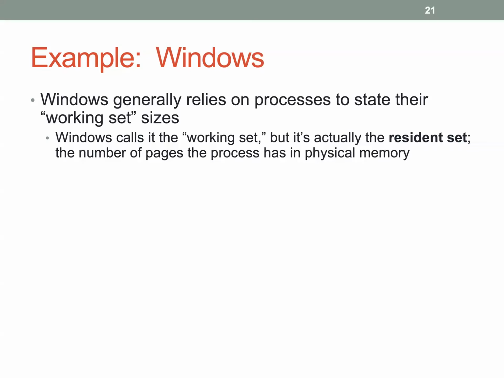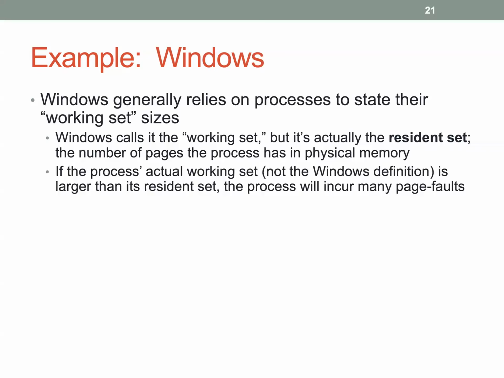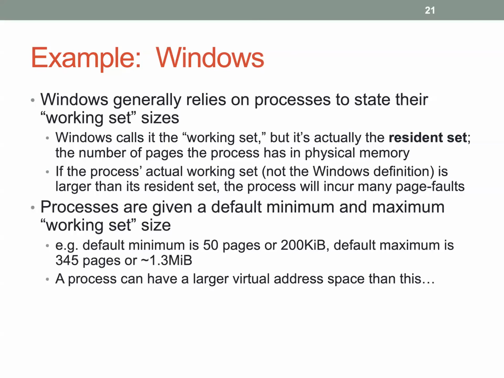So anyway, this is the approach of Windows. And as I say here, if the process's actual working set is larger than the resident set, then you're going to be a faulty process. You're going to generate a lot of page faults, because Windows is going to keep you roughly within your resident set size, even though that's smaller than your actual working set size.